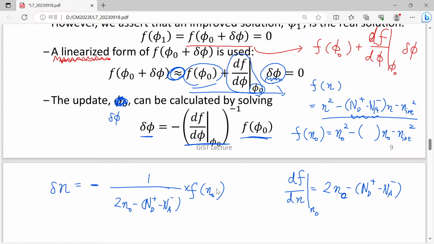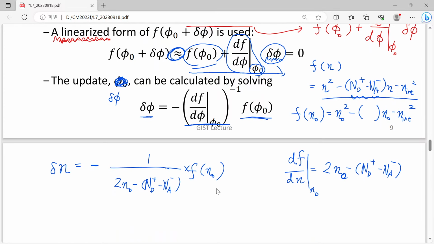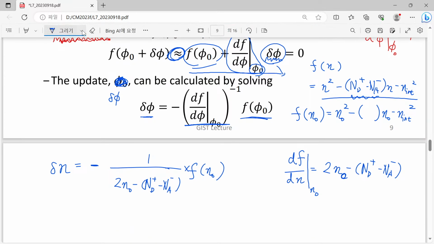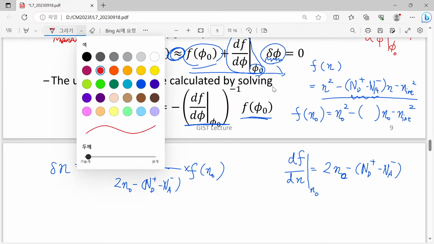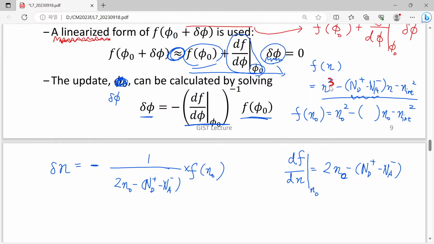So we are now talking about the generalization of this Newton method. Not only for this quadratic equation. For example, instead of this second order term, we can easily say that now this is a cubic term, but it's not that difficult. Everything is just the same as before.